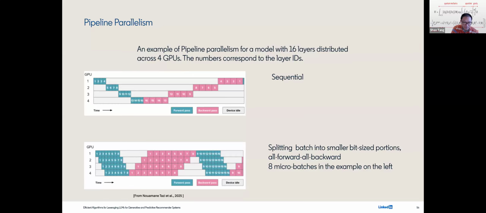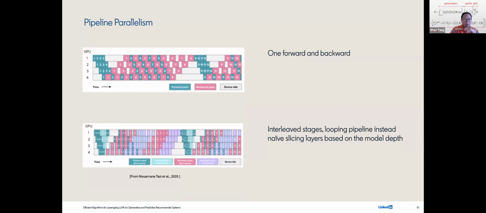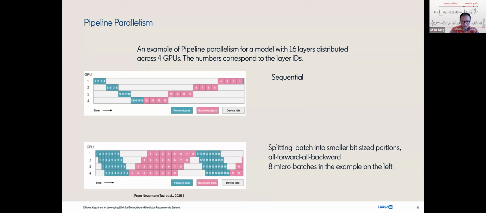Basically, we are computing batch over batch, and we can see the bubble is smaller compared to the first one. The reason we call it all forward, all backward is that we compute the backward only after all the micro batches' forward has been completed.